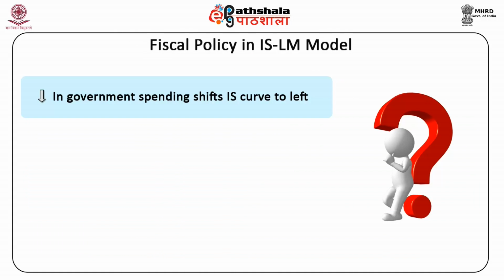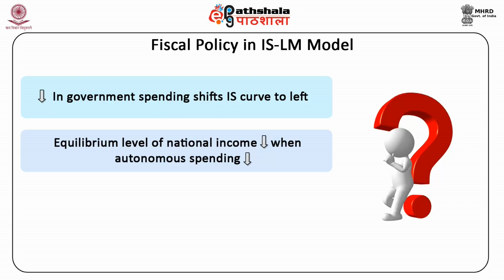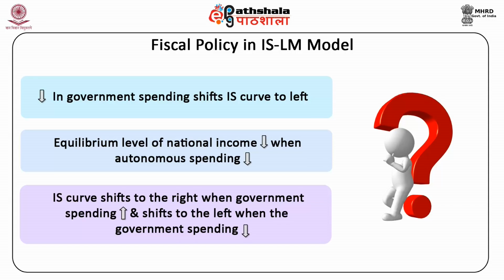Similarly, a fall in government spending, that is, a contractionary fiscal policy, shifts the IS curve to the left because for a given interest rate, the equilibrium level of national income falls when autonomous spending falls. The IS curve shifts to the right when government spending rises and shifts to the left when the government spending falls.